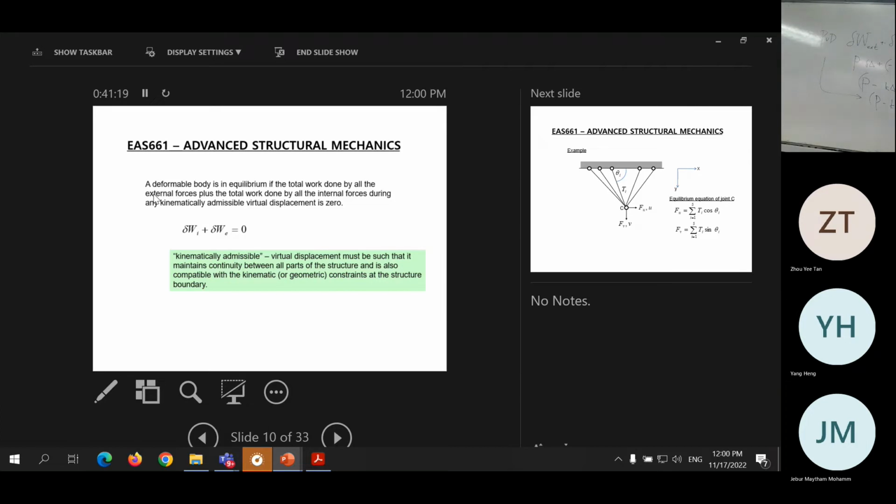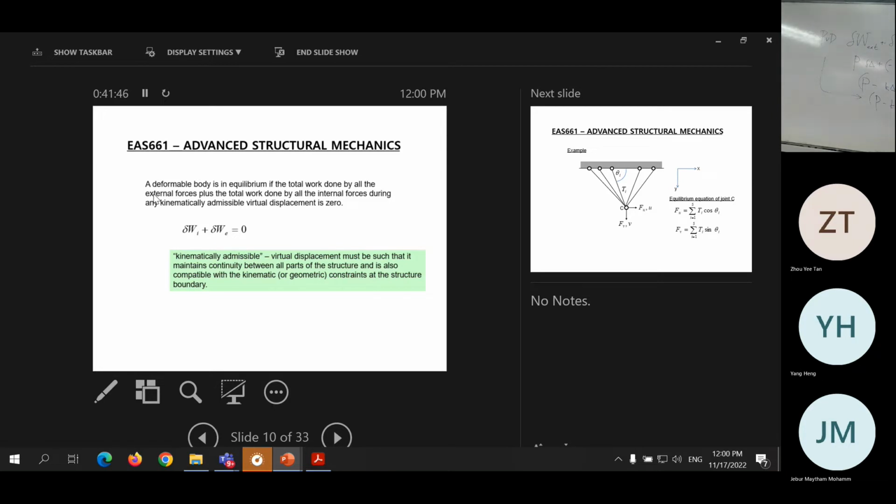Now, there is a term here, kinematically admissible, which is important later when we look at the energy method. Kinematically admissible means the virtual displacement that we give must satisfy certain conditions. The virtual displacement that we apply to the system must maintain continuity.